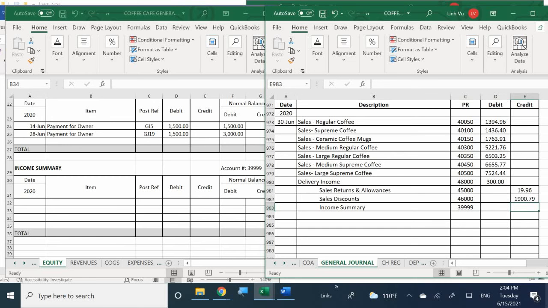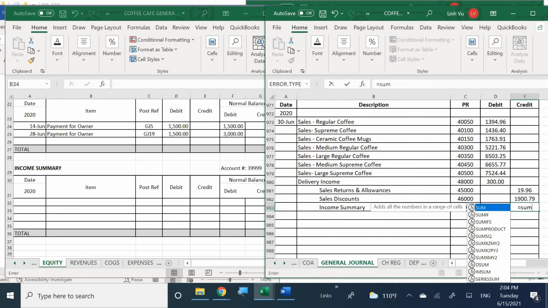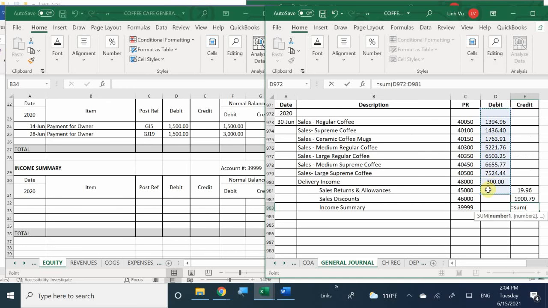Okay. Now from here, I need to now solve for what my total amount is for my income summary. So you could do this on the side. You could enter your formula equals sum of your debit column minus the sum of your credits.